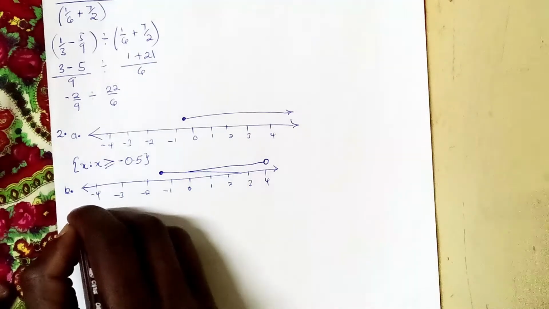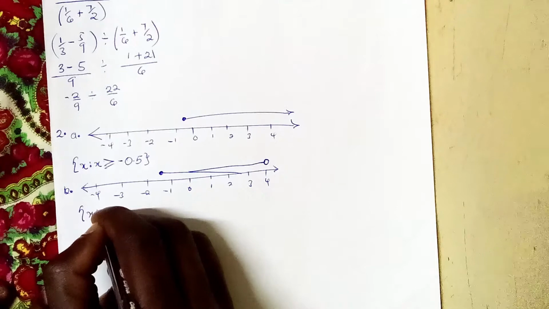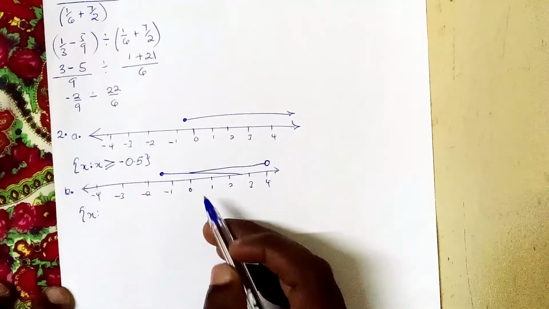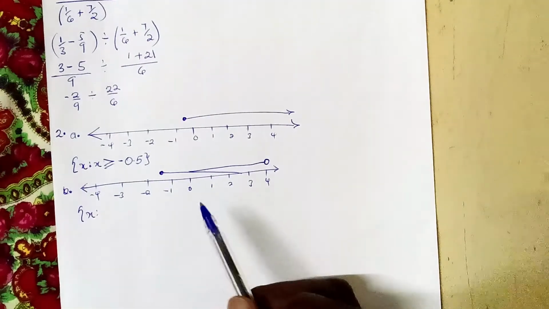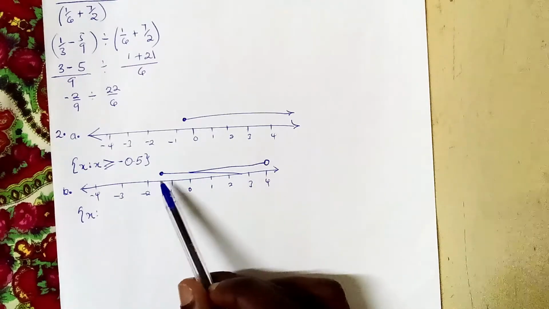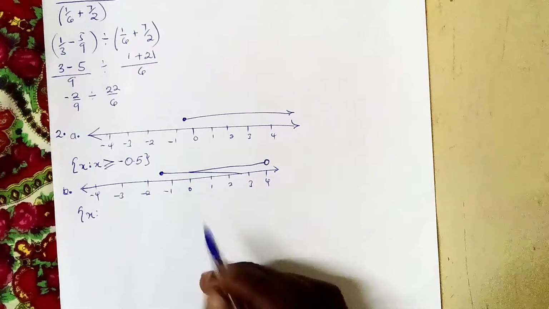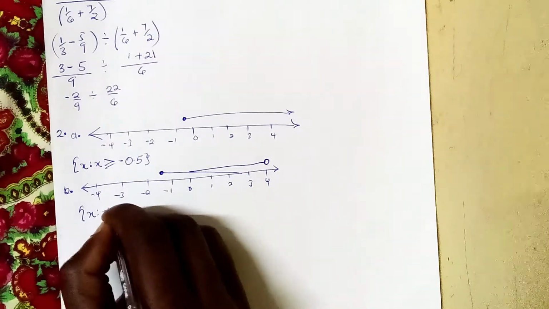First thing we do again is what? We find our x. X is such that x is equal to. With this, since there are two signs here, let's start from the left hand side. We have minus 1.5.